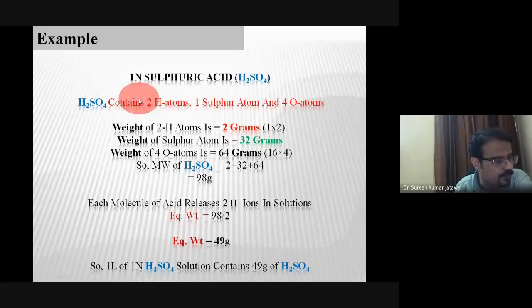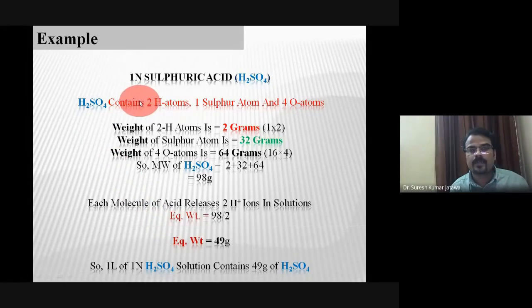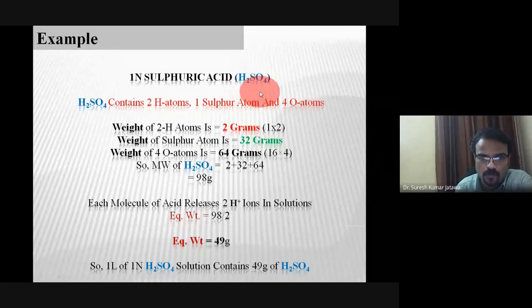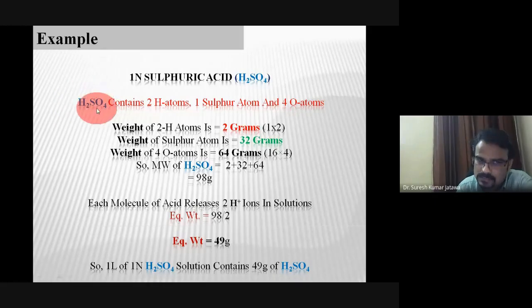If you want to calculate the gram equivalent weight of H2SO4. So H2SO4, here you can see, contains 2 atoms of hydrogen, 1 atom of sulfur, and 4 atoms of oxygen. It means the sulfuric acid contains 3 types of atoms: hydrogen, sulfur, and oxygen.